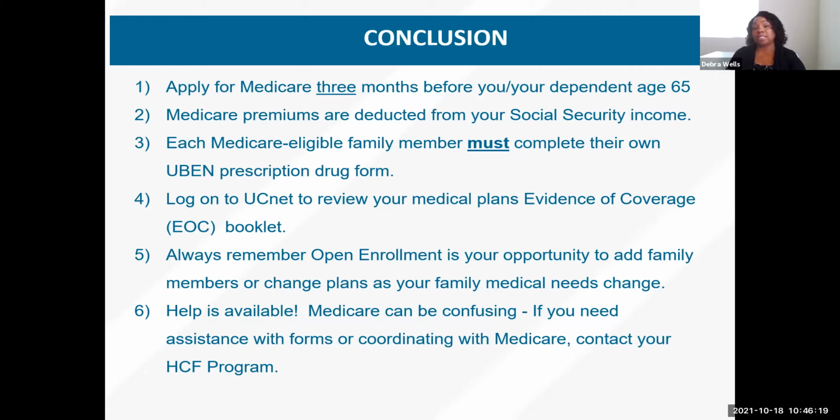If you're going to delay collecting your Social Security income, make payment arrangements with Social Security. There's always a form that's required, no matter what, when you are aging into Medicare, that you must complete and return to RASC. Don't forget to look at your evidence of coverage booklets and your formularies just to make sure nothing is changing with your current coverage.